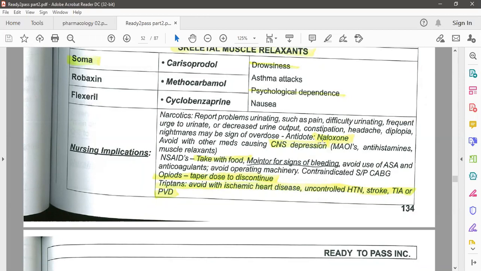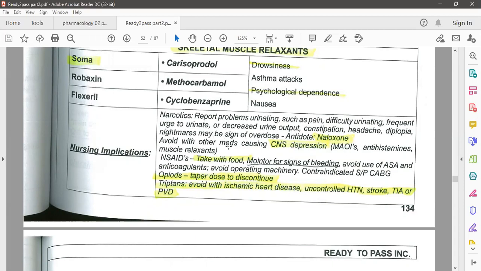Sometimes we use morphine or opioids for cancer pain. Patients should report urination problems, such as pain, difficulty urinating, frequent urge to urinate or decreased urine output, constipation, headache, diplopia, or nightmares, which may be signs of overdose.